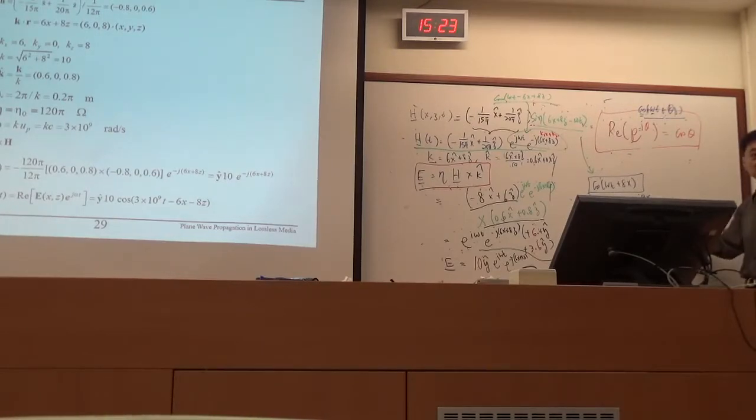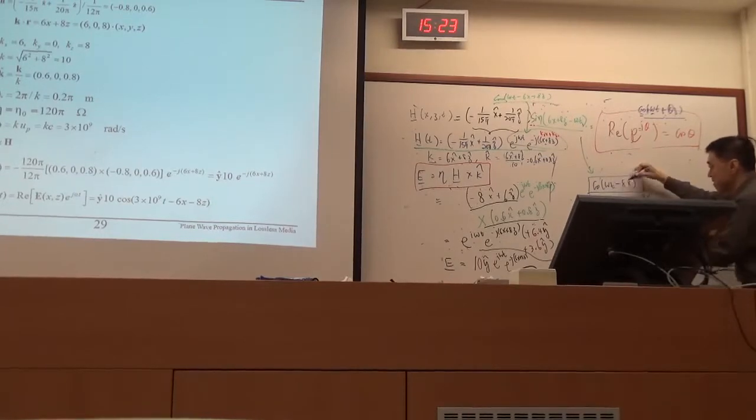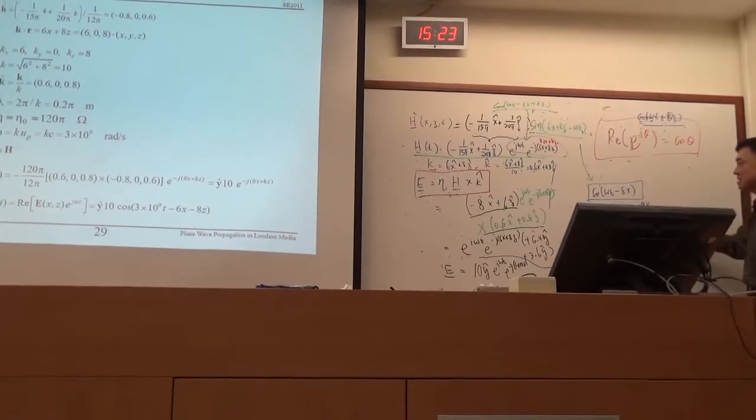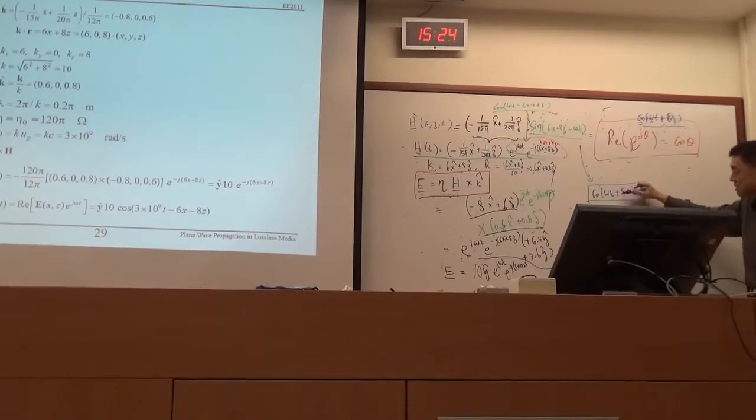So the wave is propagating in the minus x direction. If it is minus 8, it's propagating in the positive x direction. If this is plus, it is propagating in the minus x direction, because k is minus now. Okay, k is minus 8.